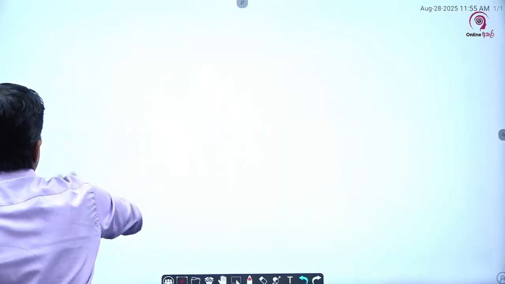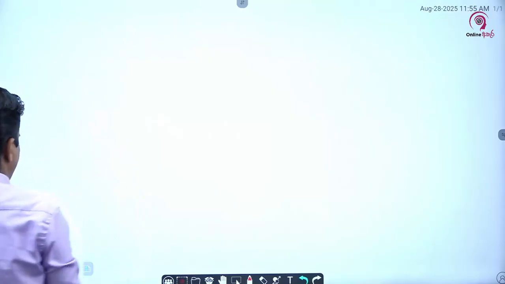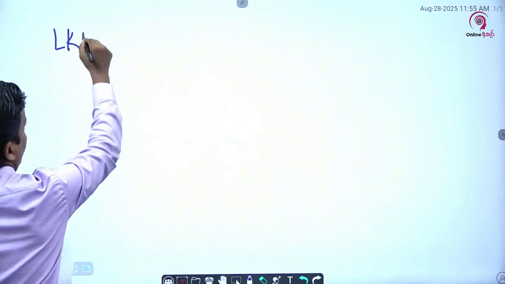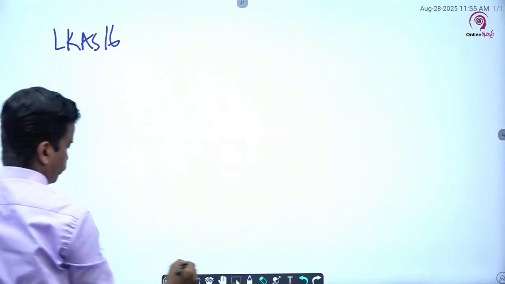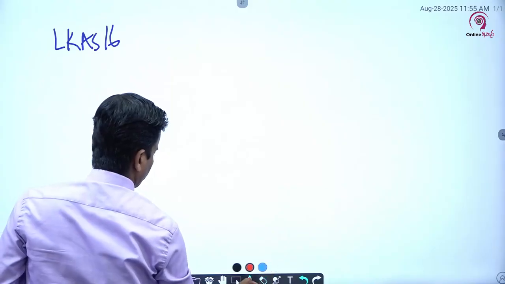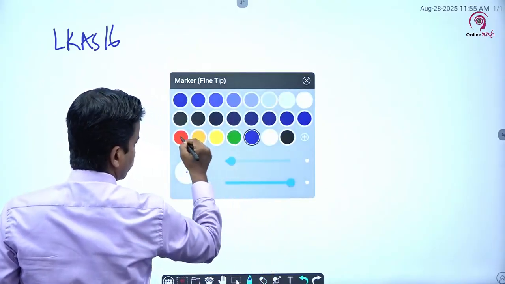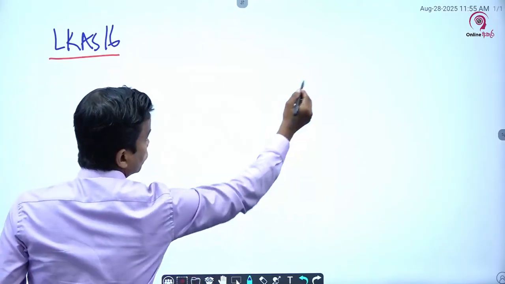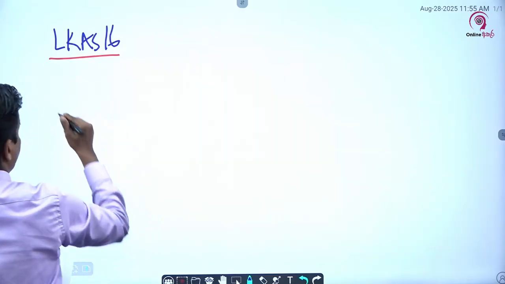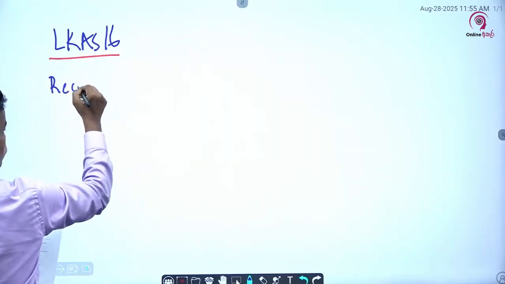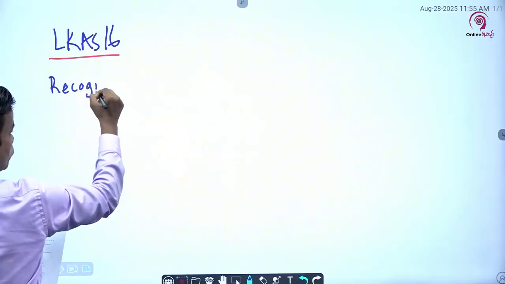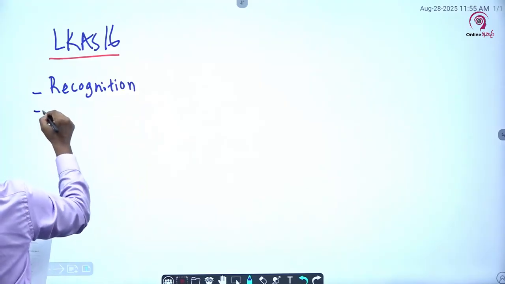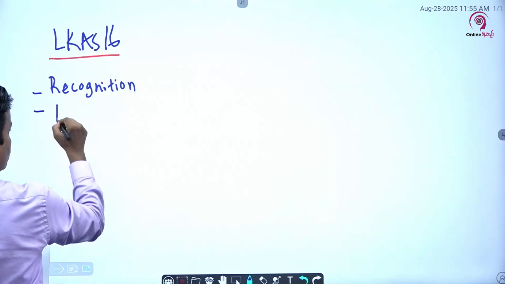So our lineup for LKS 16 is basically, let me first take the lineup, then it's easy for us to discuss. Firstly, recognition. Secondly, initial measurement.